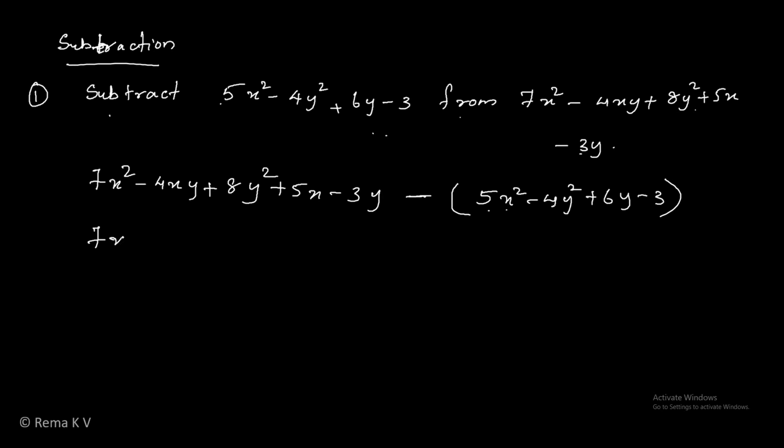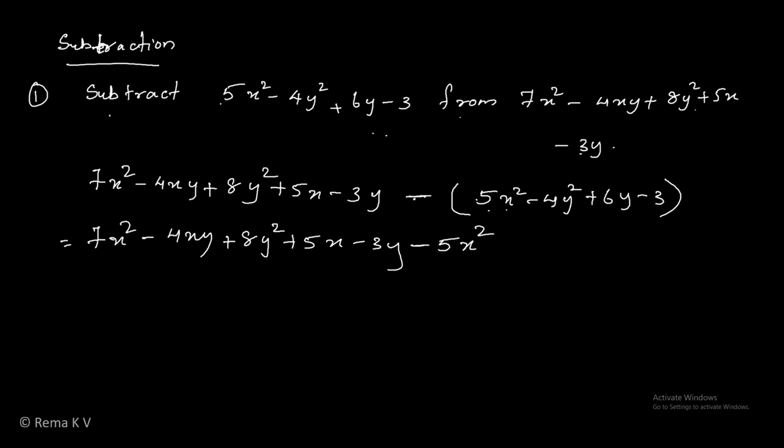Okay, so 7x square minus 4xy plus 8y square plus 5x minus 3y, we write once again. Now this 5 is positive. When we multiply with this minus 1, it becomes minus 5x square. In case of subtraction, you have to take care of this.